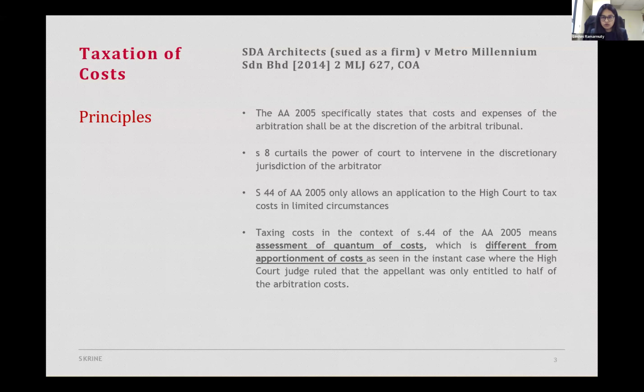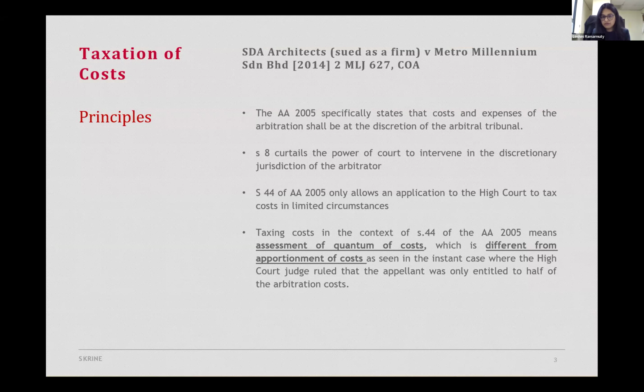Insofar as the court's role is concerned, it arises where parties have requested the court to carry out taxation. I will come to the circumstances in which this can be done. And finally, the judge also commented that taxing of costs in the context of Section 44 means assessment of the quantum of the cost.